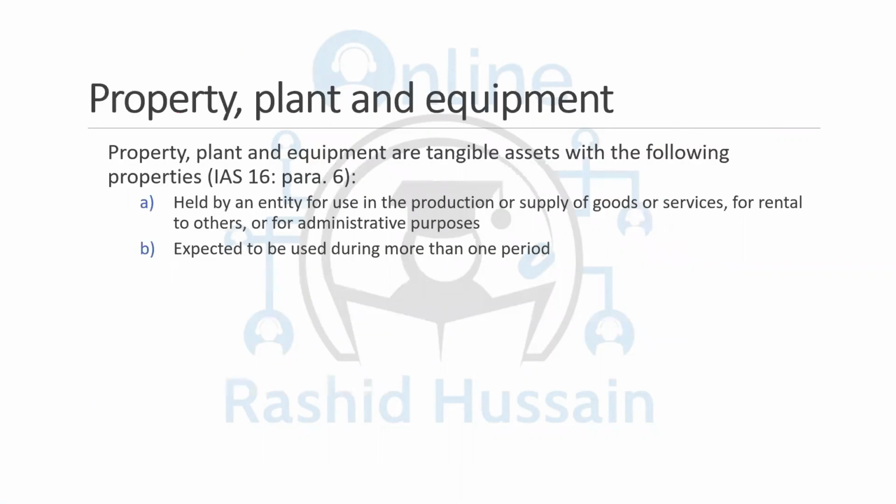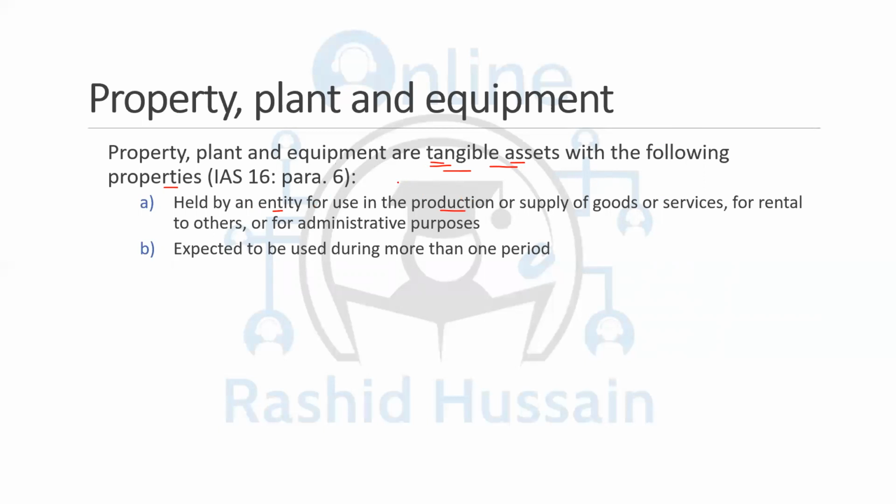So that's why we are studying the scope of the property, plant, and equipment, and we are going to study the definition. So property, plant, and equipment are the tangible assets with the following properties. So tangible, non-current assets, and we know the tangible asset means which are having the physical existence. So what is the scope of the IAS 16? These are the assets held by an entity for use in the production.